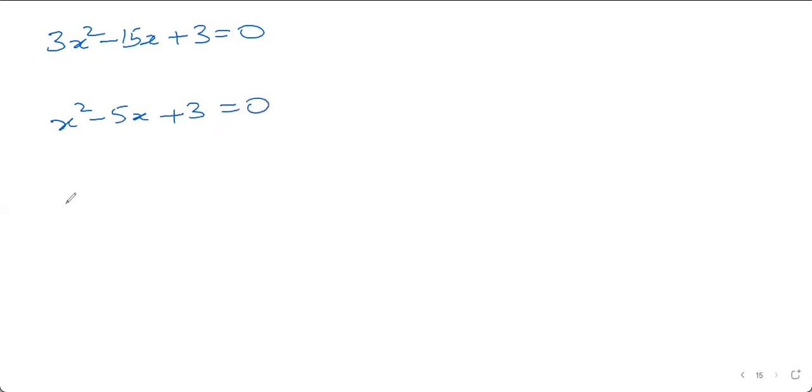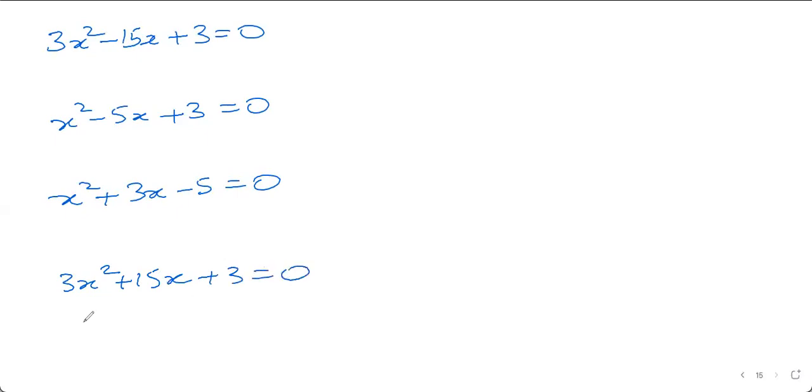So we have 3x square minus 15x plus 3 equals to 0. Then we have x square minus 5x plus 3 equals to 0. Then we have x square plus 3x minus 5 equals to 0, and 3x square plus 15x plus 3 equals to 0. These are the 4 equations. I hope I have written them correctly now.